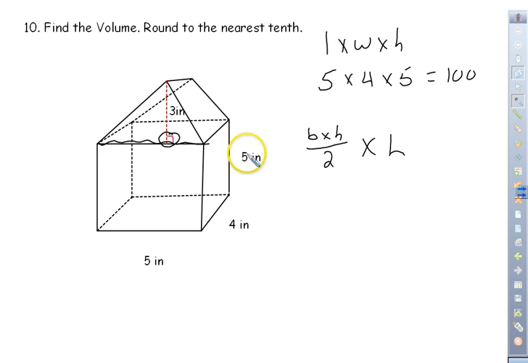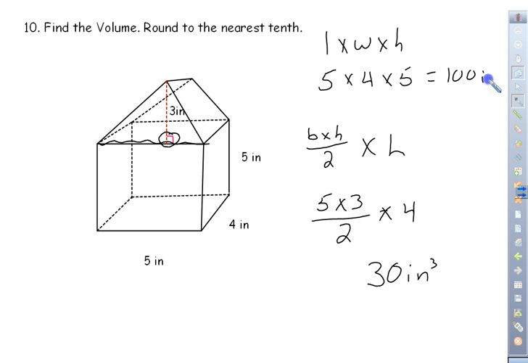So that line measures 5 times the height, which is 3, divided by 2 times the length, which is going to be 4, that's this line, and you plug that in, so it would be 15 divided by 2 equals 7.5 times 4 is going to be 30. So my answer is 30 cubic inches. This is cubic inches as well. We must add the two together to get 130 cubic inches.